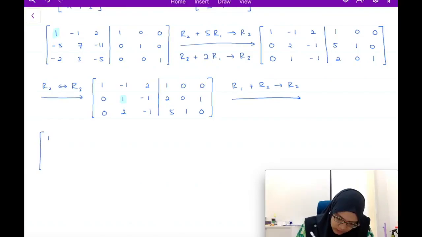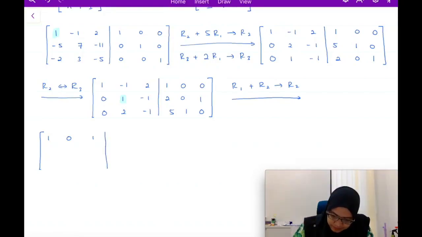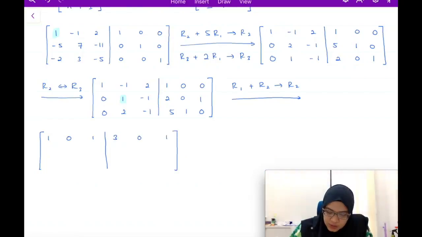So we have 1, 0, 1, 3, 0, 1. Next we reduce row 3. We take row 3 minus 2 times row 2, and apply that to row 3.